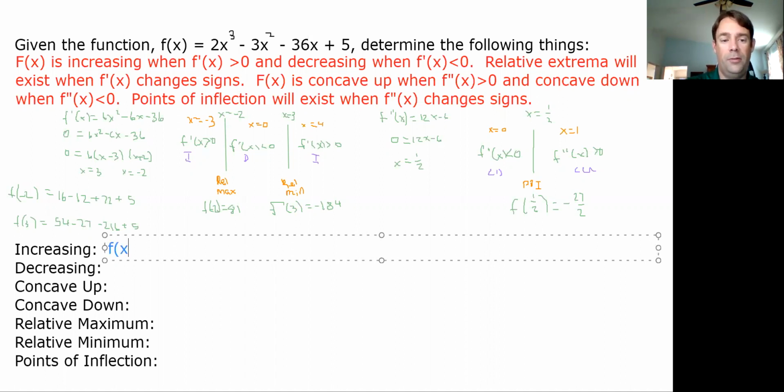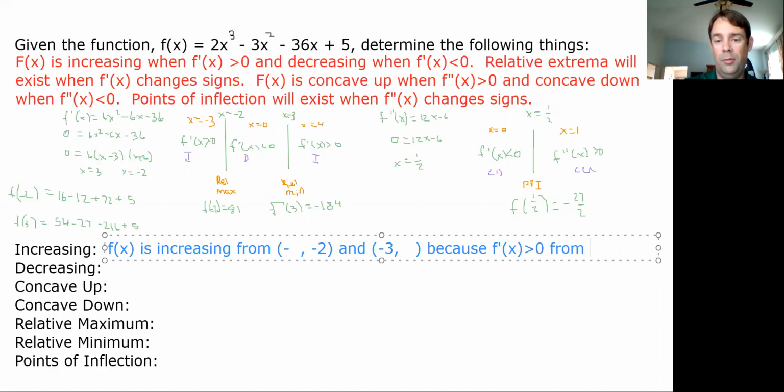f of x is increasing from negative infinity to -2 and 3 to infinity, because f prime of x is greater than 0 from negative infinity.